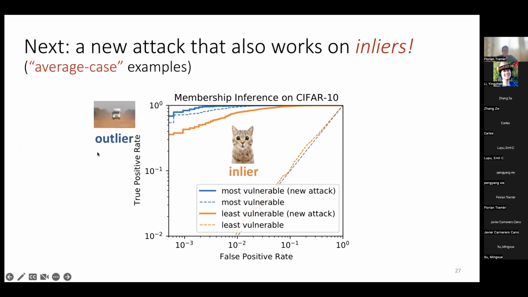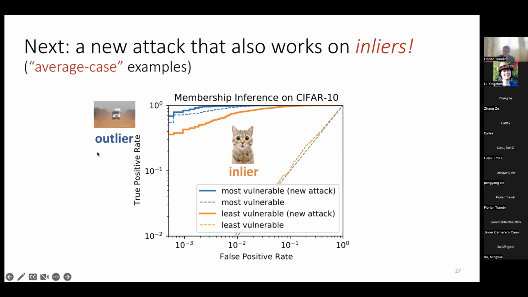We do some ablations in the paper where we look at cases where the data that the adversary has access to might be from a slightly shifted distribution, and the attack still works, just not quite as well. The closer the adversary's data distribution is to the target distribution, the better the attack will work.